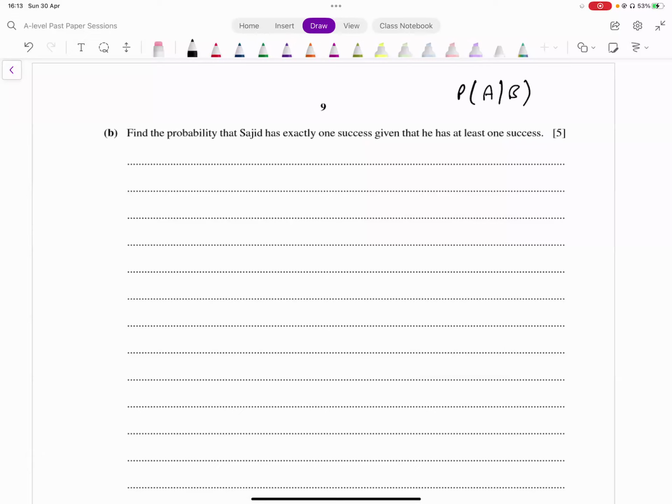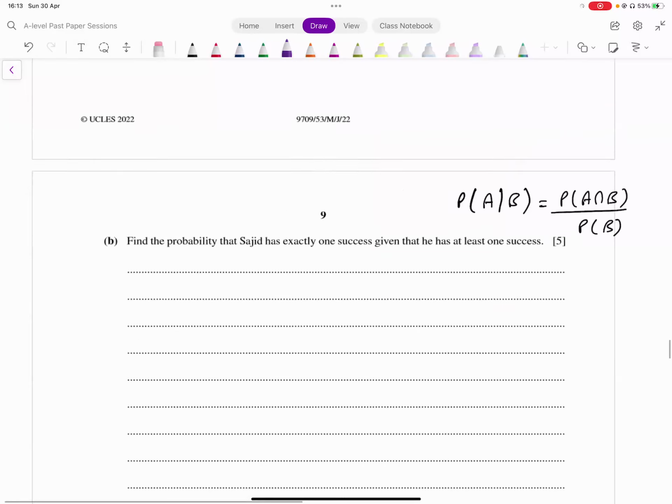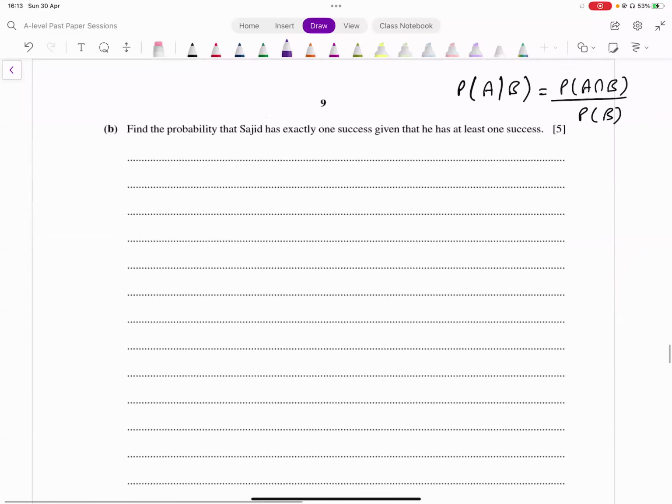It's not given in the formula sheet, please make sure you remember this: A intersection B divided by probability of B. Right, so what that means is we are looking for probability of exactly 1 success, probability of 1 success, given that he has at least 1 success. So we can say at least 1s, that's what we are looking for.